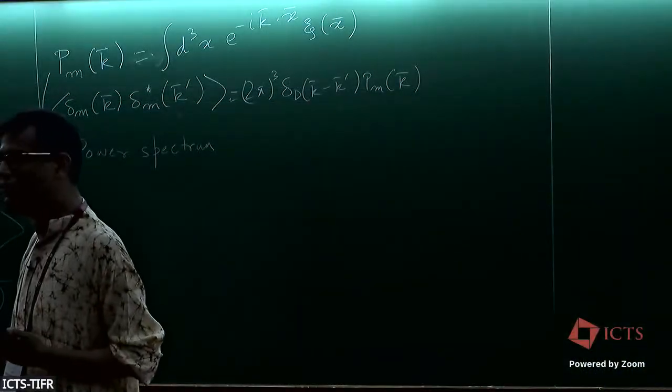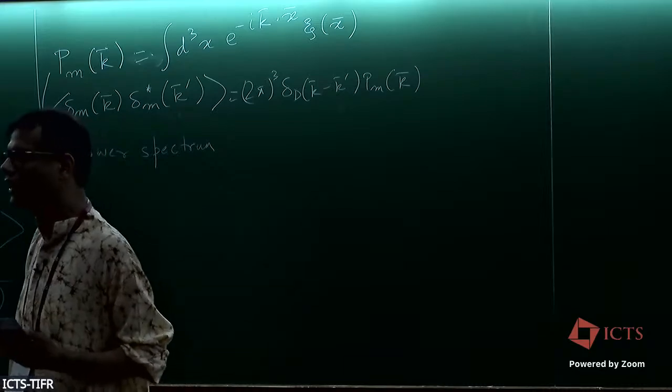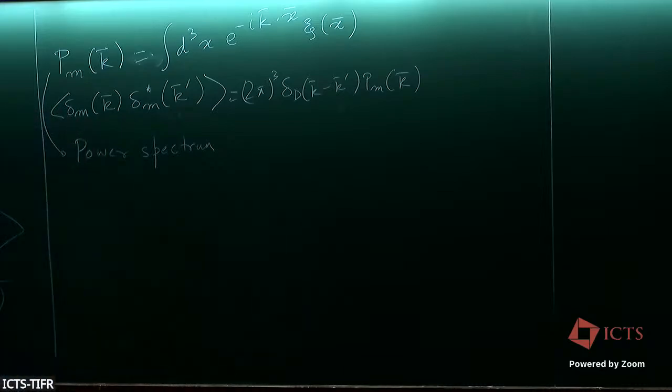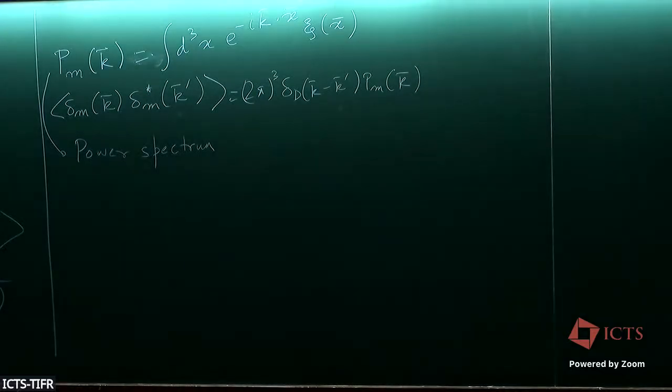Remember, here we did not assume anything about linearity; this is any arbitrary density field. We have only assumed homogeneity, and we haven't even assumed isotropy in this derivation. So this is a consequence of homogeneity, that different k modes don't correlate with each other.